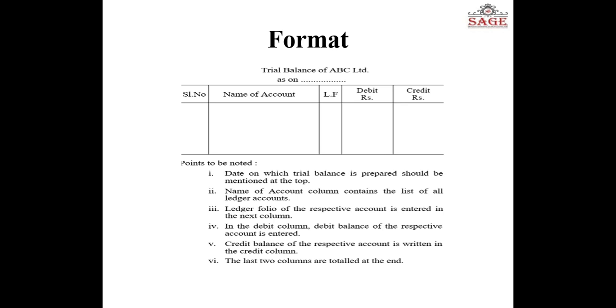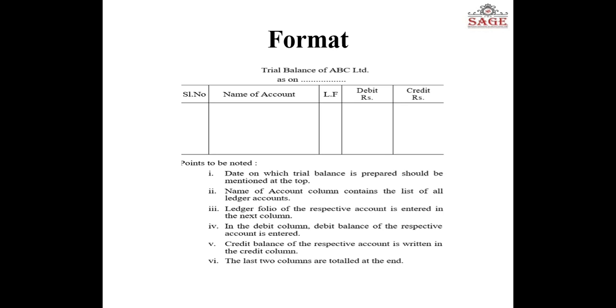Points to be noted while preparing the trial balance: the date on which the trial balance is prepared should be mentioned at the top. The name of accounts column contains the list of all the ledger balances. The ledger folio of the respective accounts is entered in the next column. In the debit column, the debit balances of the respective accounts are entered.